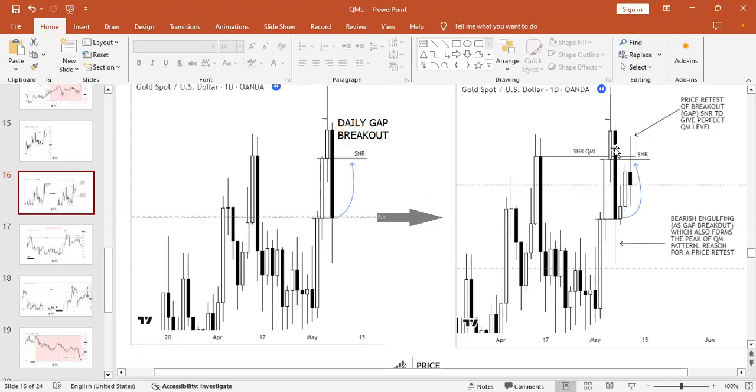And see, we got an engulfing that takes out the daily gap level. There is a breakout with an engulfing, forming the peak of the pattern. So we have the confidence that price will likely be able to pull back into it. The price finally pulled back from the setup.